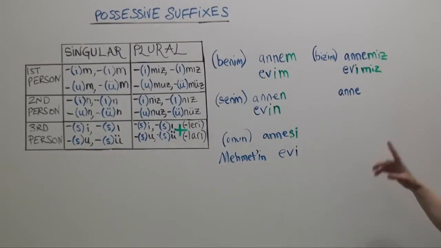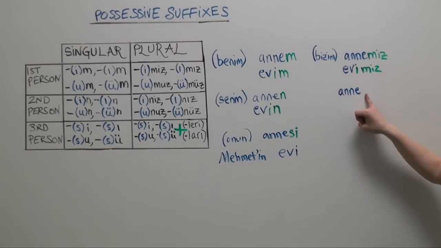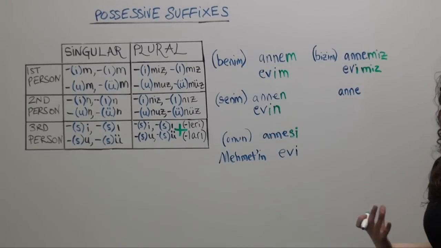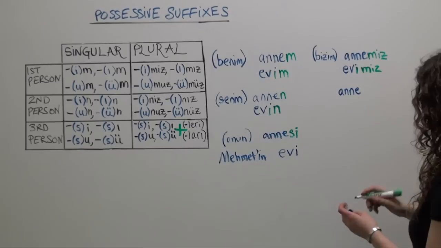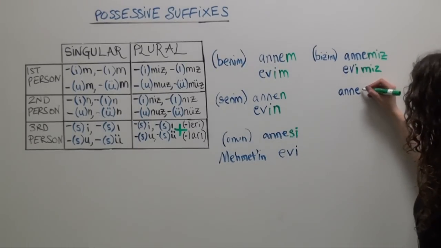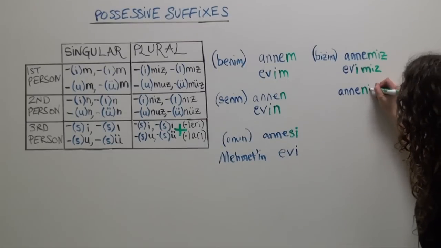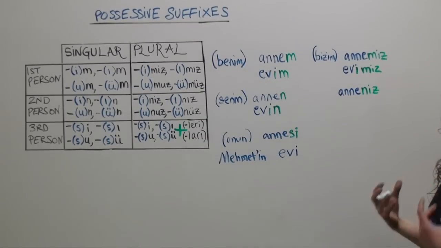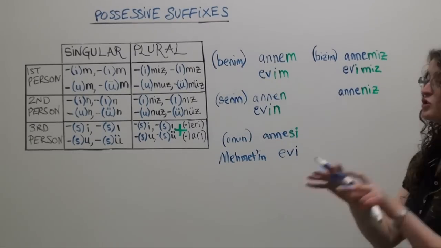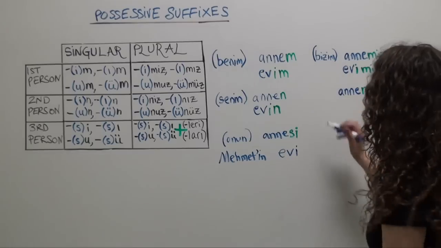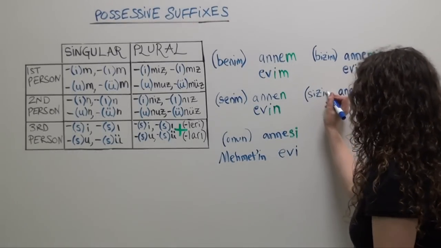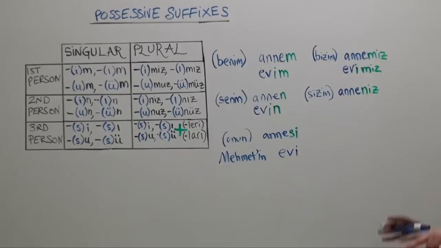And again, we don't need a buffer vowel if the original word we're adding the possessive suffix to already ends in a vowel. So anne, your mother, plural, anneniz, your mother. And we have the option, if we want to emphasize that it's your plural or your formal mother, we can add the personal pronoun in the genitive beforehand. So sizin anneniz, your mother.